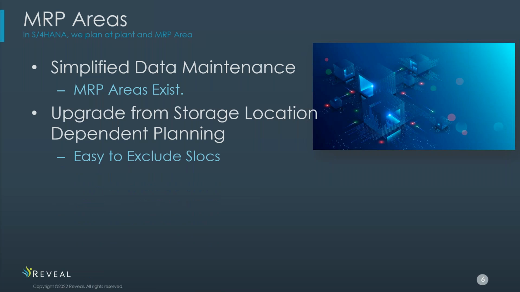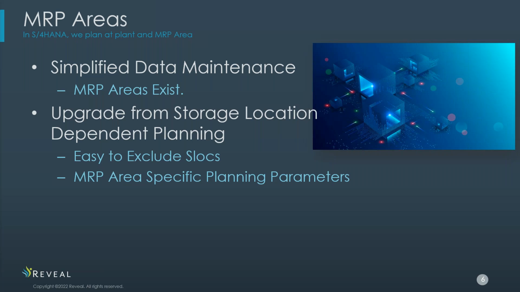You can still exclude storage locations simply by turning off that MRP type or moving it to ND. And you are able to then differentiate with MRP specific planning parameters. And this is really the big benefit of being able to use an MRP area. It's really 2 things.